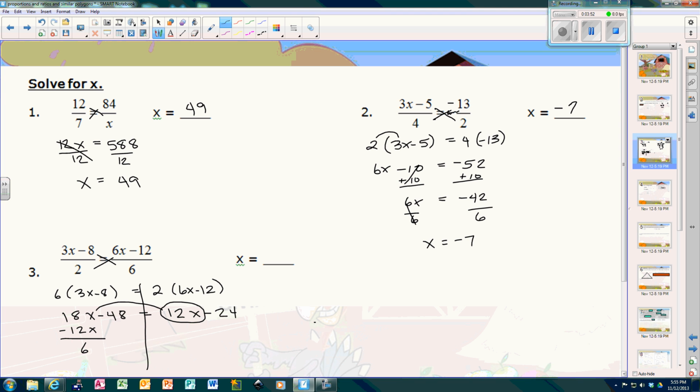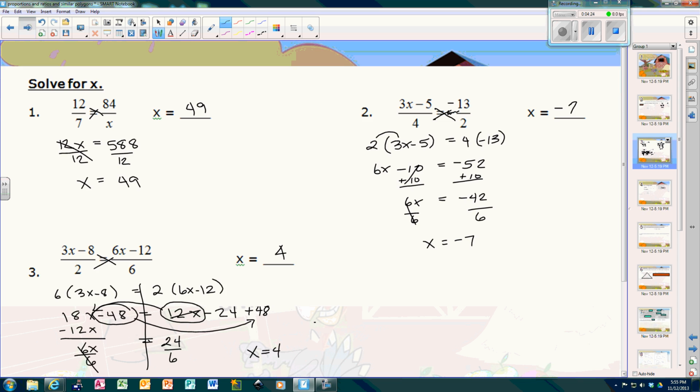So I get 6x. I want this negative 48 to go over here, so I'm going to add 48. Now I have negative 24 plus 48, which is equal to 24. So now divide both sides by 6, and you get that x is 4.